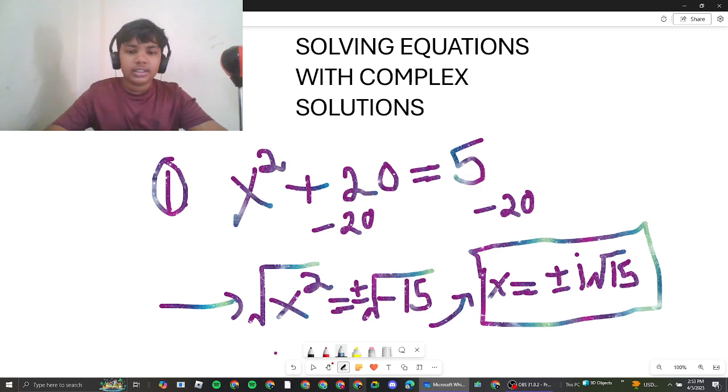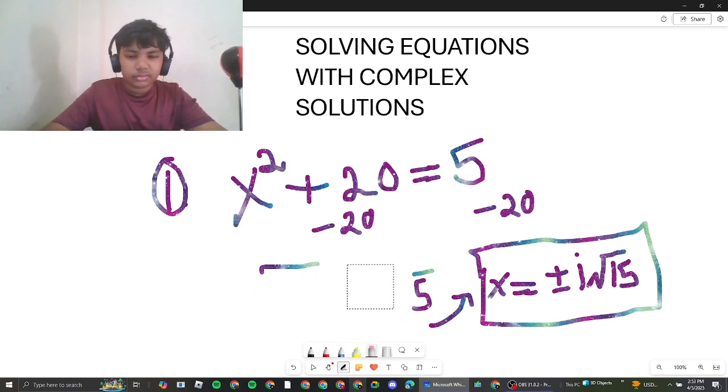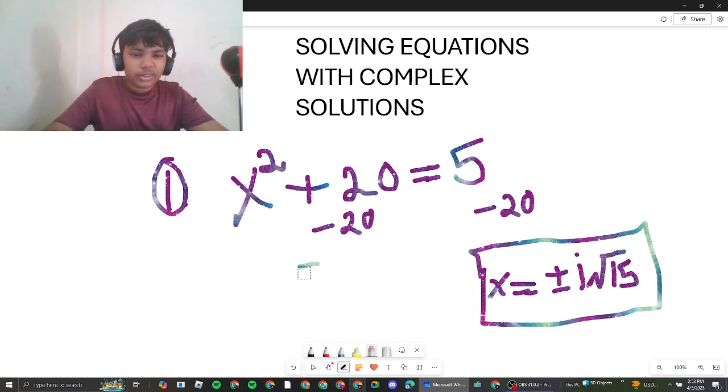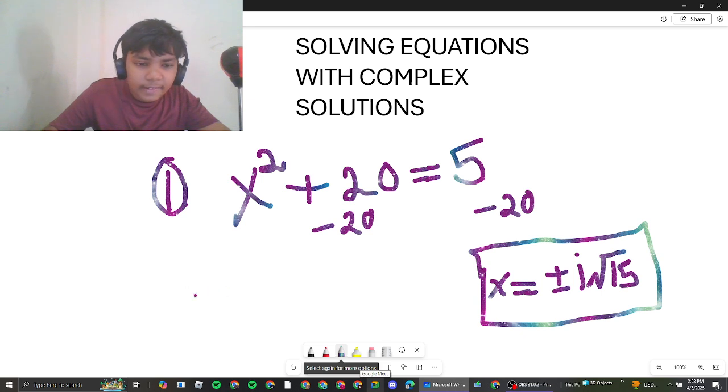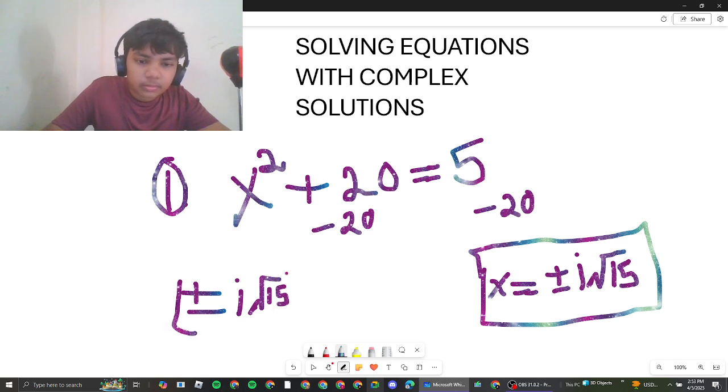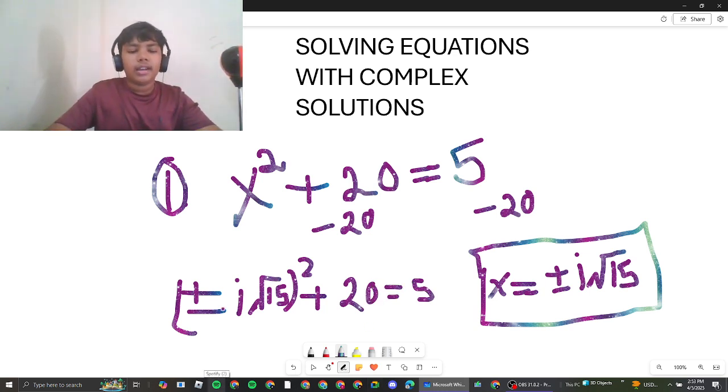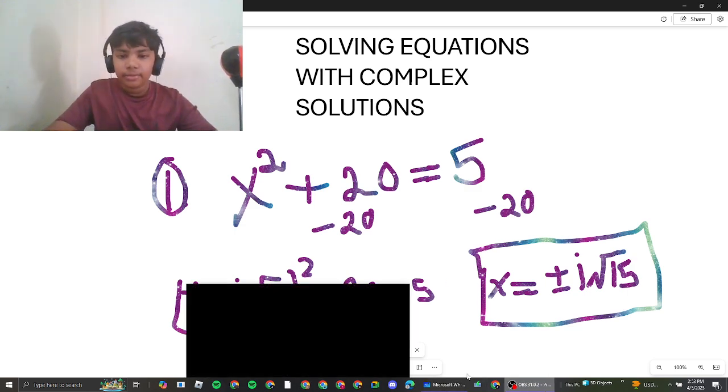We can plug this into the equation. Okay, so I'll just erase this. Let's verify. If you put this in the equation, plus or minus i times root 15, squared, plus 20 gives 5. Look, first, whether a positive or negative is being squared, it will be positive.